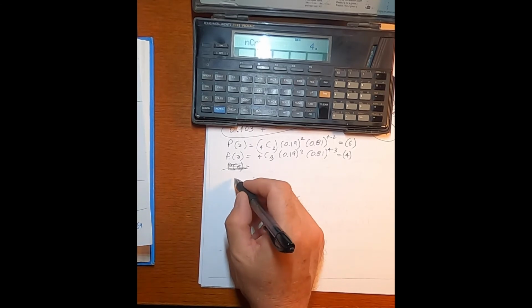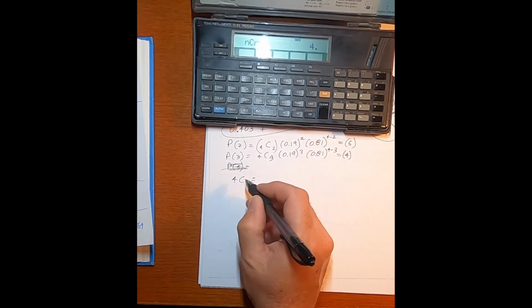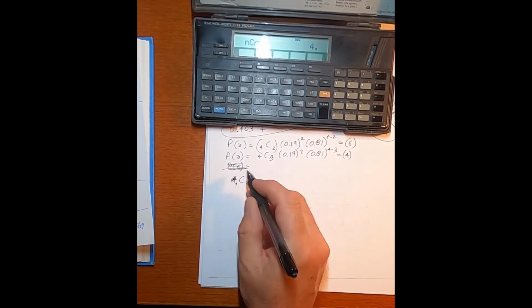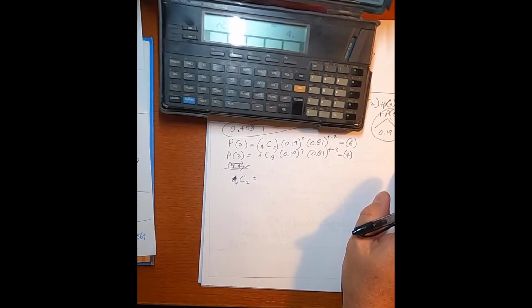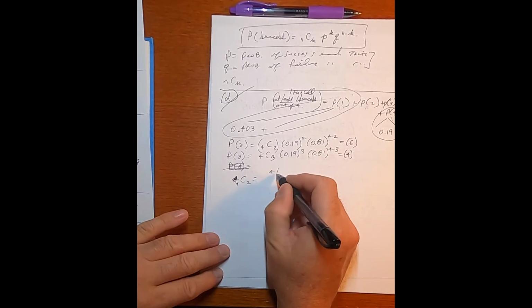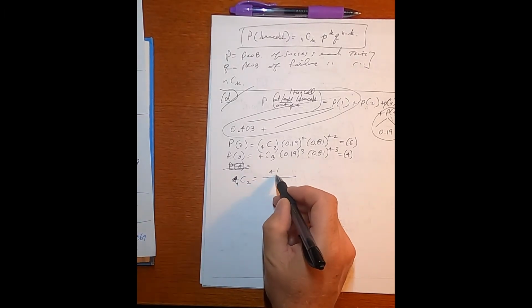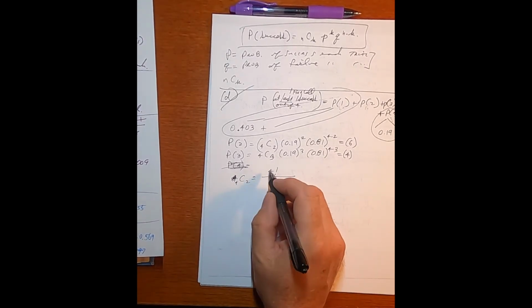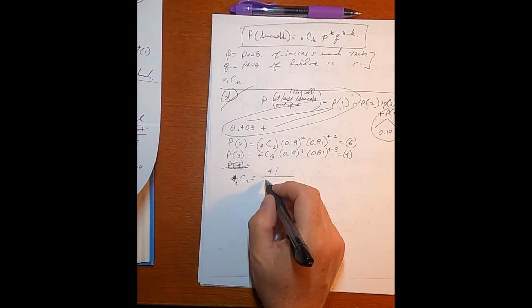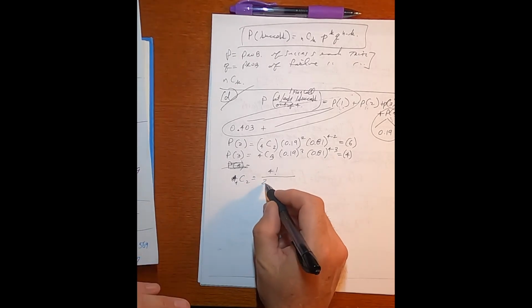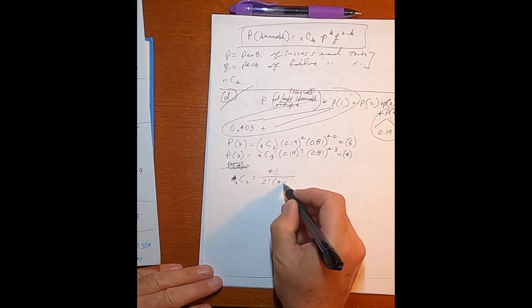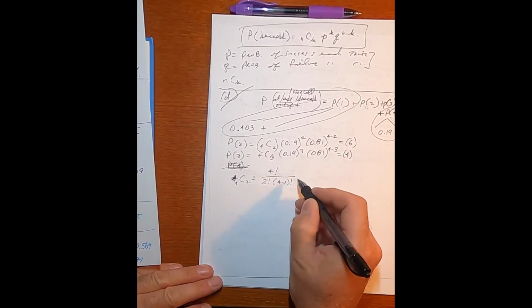Now let me do number 2. If you do 4 combination 2, you would get 4 factorial over K factorial, where K is 2, times 4 minus 2 factorial.